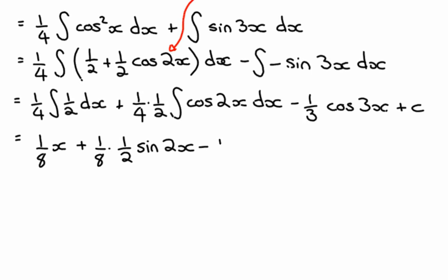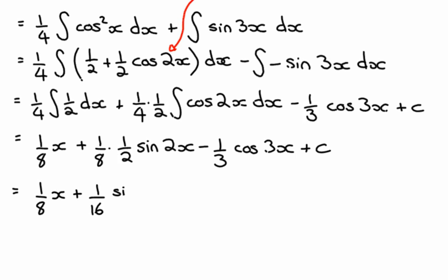And then I minus the other story that I already integrated. Now remember to wrap up loose ends, pretty things up a little bit. 1/8 x plus 1 over 16, because that's an eighth times a half, sine 2x minus 1 over 3 cos 3x plus c.